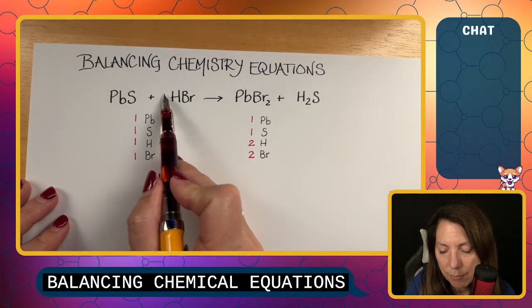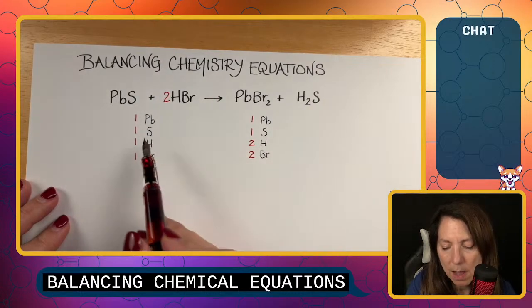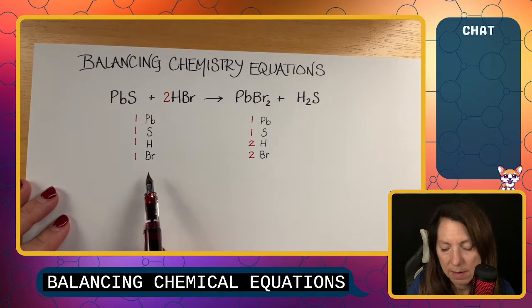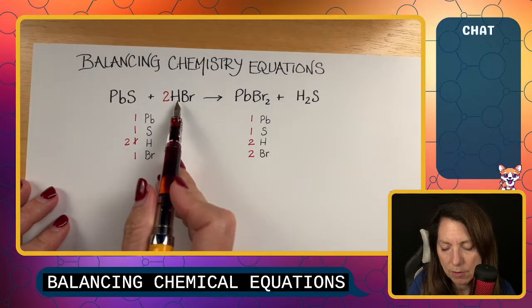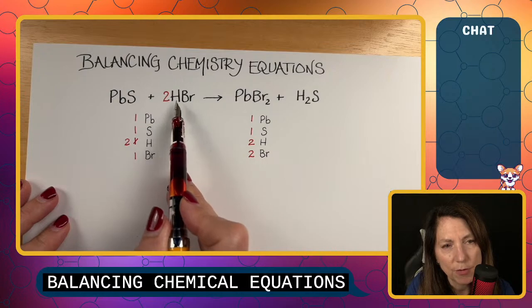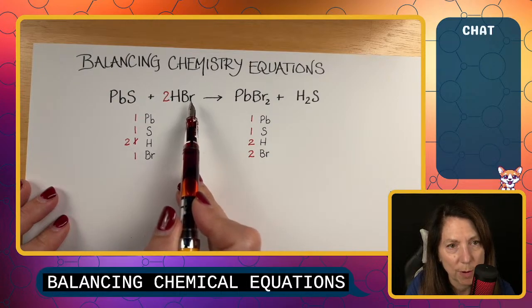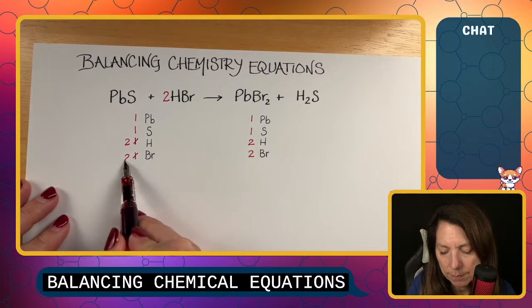If we put a 2 here, then we can update our tally on this side, and we change the number of hydrogens that appear on this side to 2. This 2 multiplies through. It refers not only to the hydrogen, but also to the bromine, so the number of bromines has changed as well.